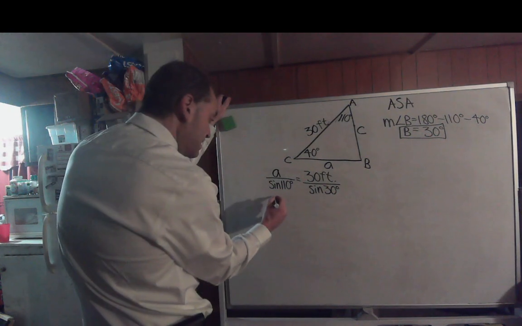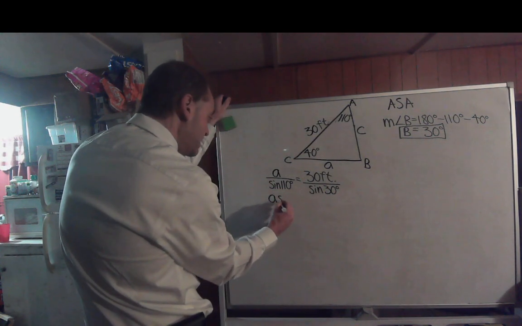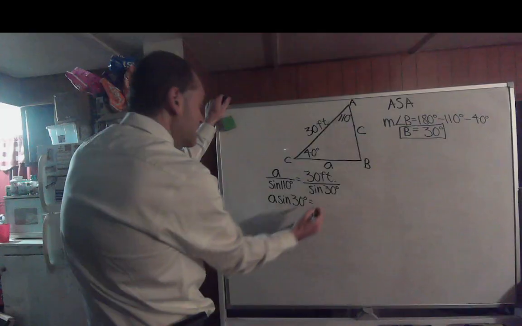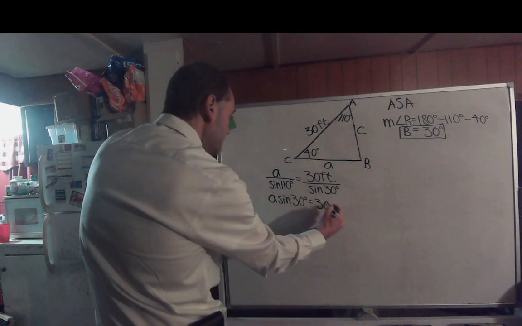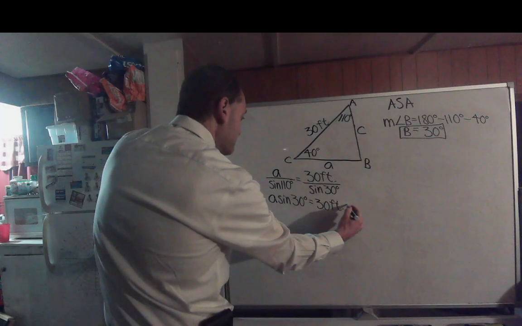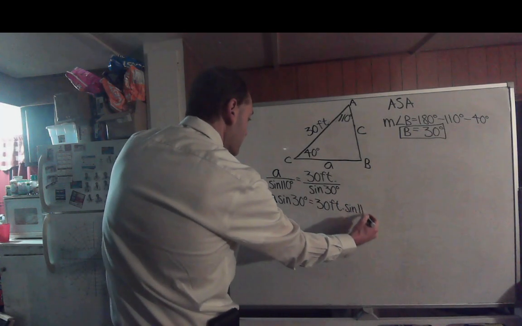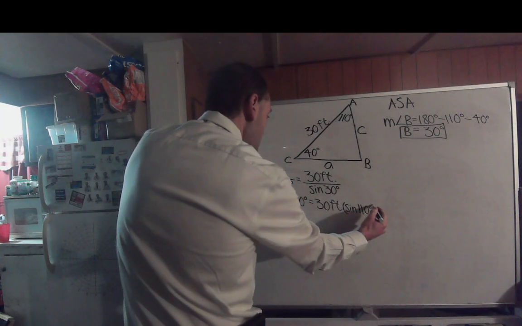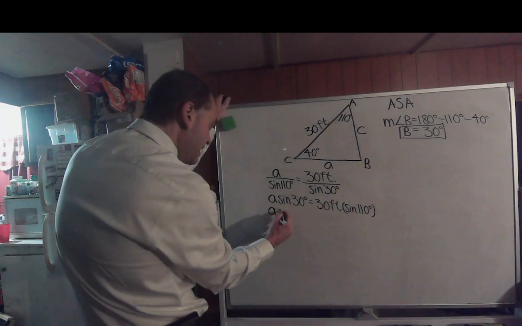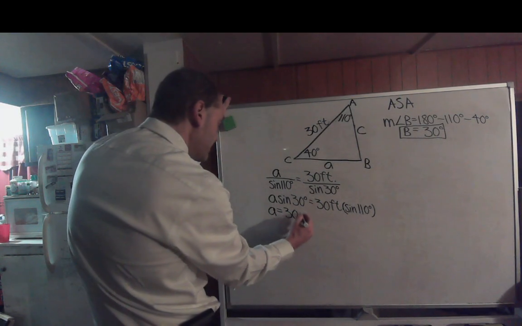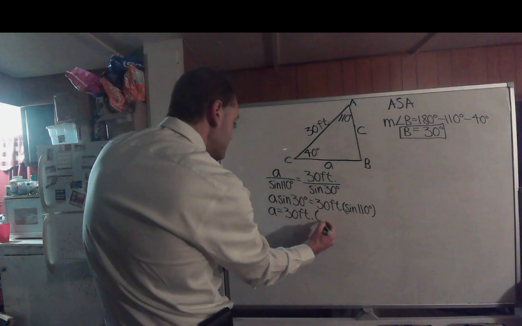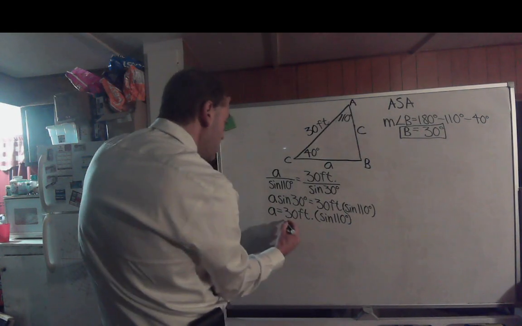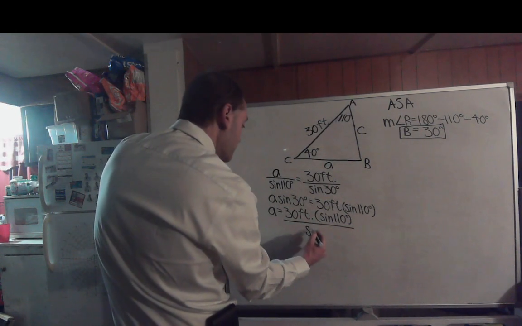So that means then that A times the sine of 30 degrees equals 30 feet times the sine of 110 degrees. So then that means A is exactly equal to 30 feet times the sine of 110 degrees all over the sine of 30 degrees.